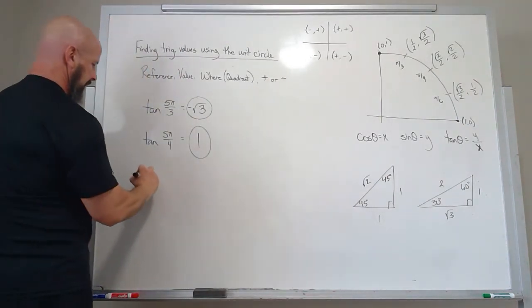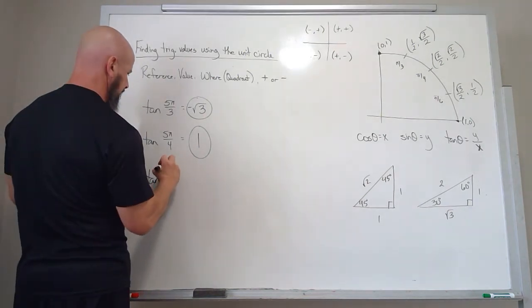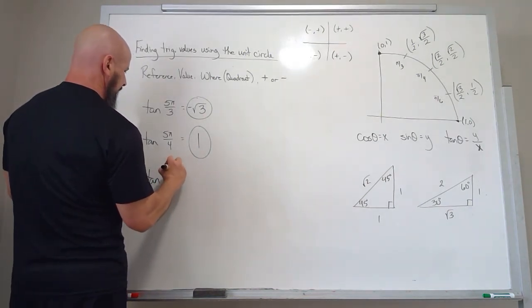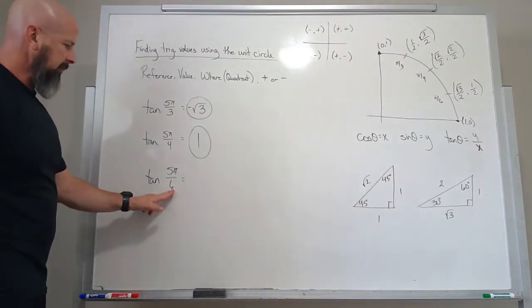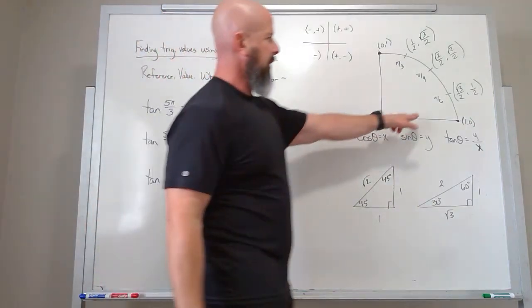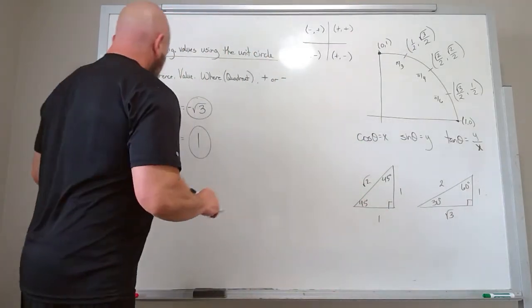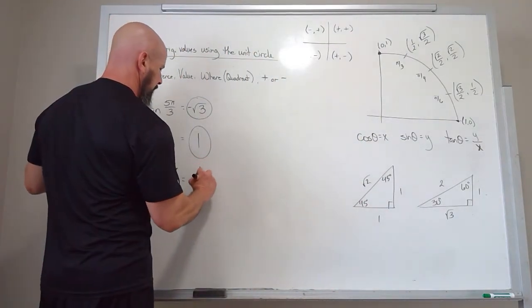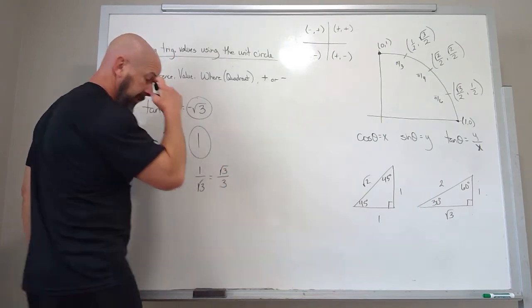And let's look at one more tangent here. Let's go tangent. We didn't do a 6. Let's go tangent 5 pi sixths. Reference angle still pi sixths. So looking right here, reference angle still pi sixths. Y over x, 1 over root 3, which in this case I can rationalize to root 3 over 3.